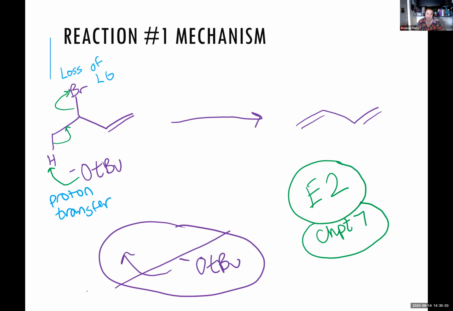So SN1, E1, SN2, E2. Now, one of the things we said we needed for this was that strong, bulky base. That strong, bulky base is going to prevent SN2 reactions from happening. So we're specifically tailoring our reagents and our starting material so that we don't have any other competing reactions. There's only the one reaction that's going to occur.